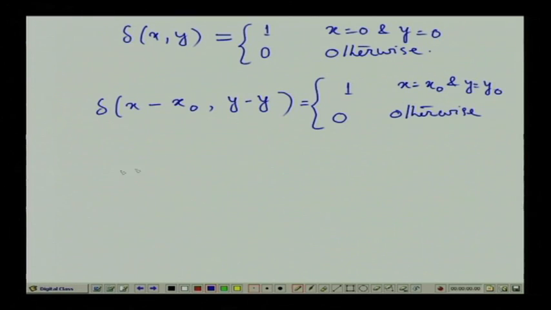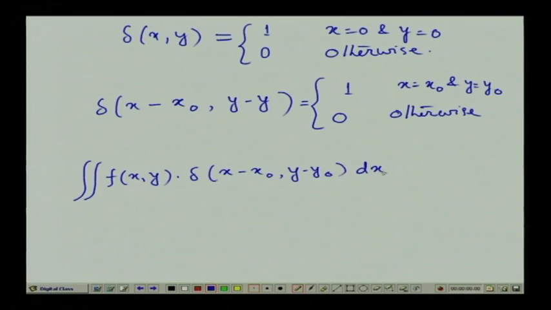Now, earlier we have seen that if we have an image, say f x y, or a two dimensional function f x y, then multiply this with delta x minus x naught, y minus y naught, and integrate this product over the interval minus infinity to infinity, then the result of the integral will be simply equal to f x naught y naught.